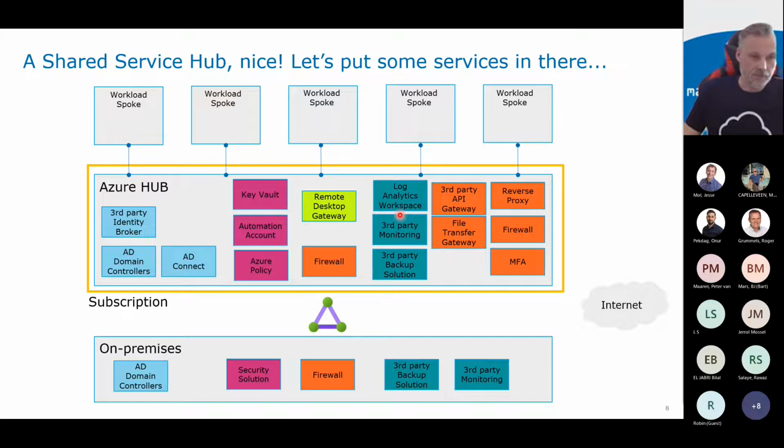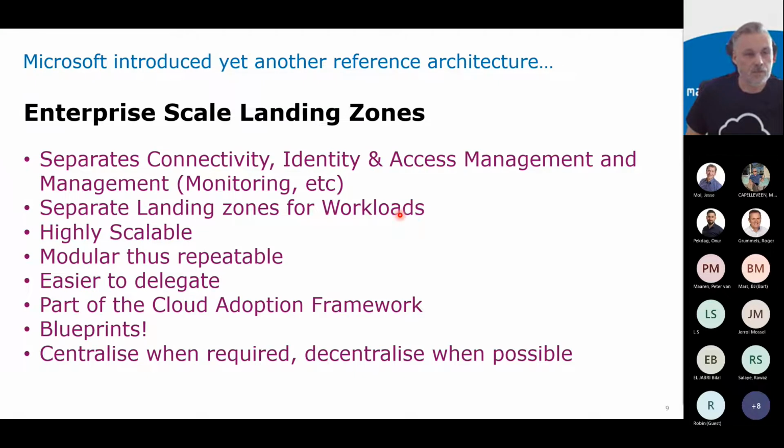So then Microsoft came with another reference architecture, which is part of the Cloud Adoption Framework, and that's called Enterprise Scale Landing Zones. The main goal of this architecture is to separate a number of functions of your cloud foundation. Say connectivity, identity and access management, and management functions like monitoring, logging, security, etc. But it also created separate landing zones for workloads, which I will show you later.